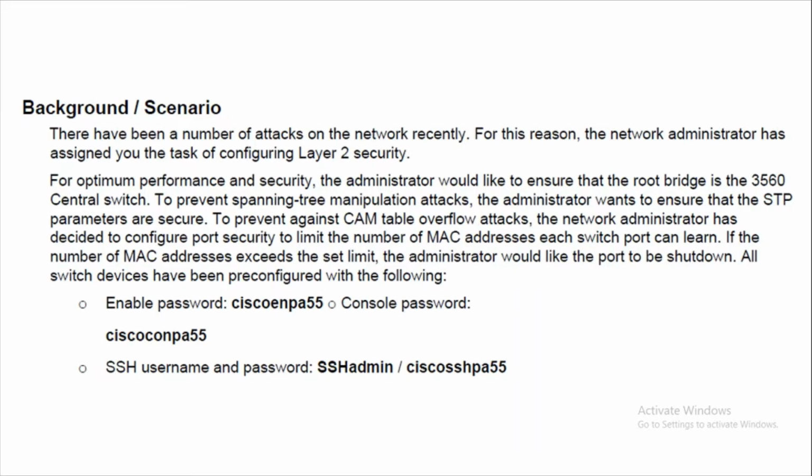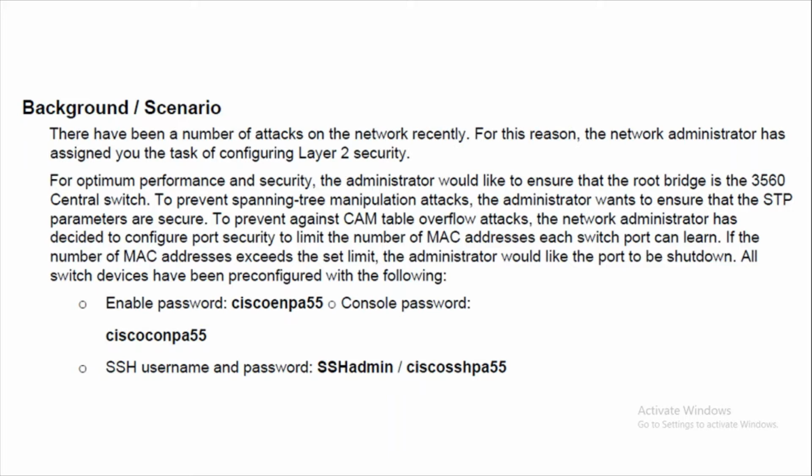To prevent spanning tree manipulation attacks, what we call STP attacks, where an attacker spoofs the root bridge and broadcasts out an STP configuration topology, some BPDU, that is bridge protocol data unit, and the spanning tree gets recalculated.